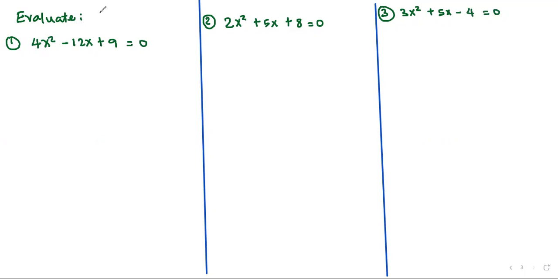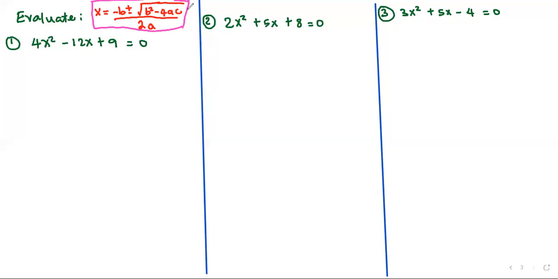The formula is that x is equal to minus b plus or minus the square root of b squared minus 4ac, out of 2a. This is our formula. You must know it because this formula can solve any quadratic equation.